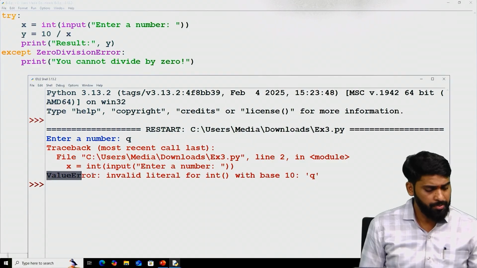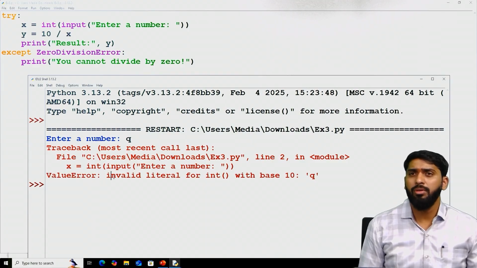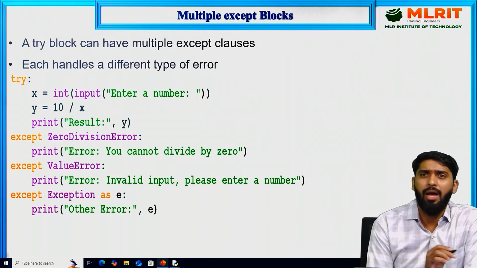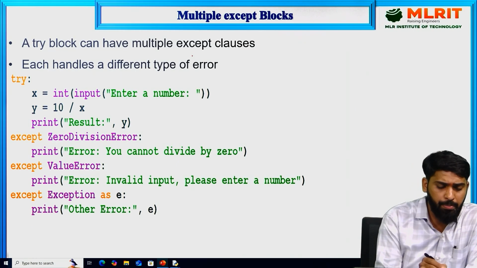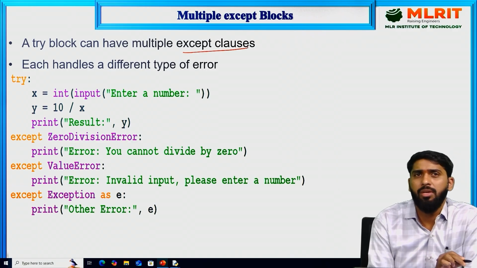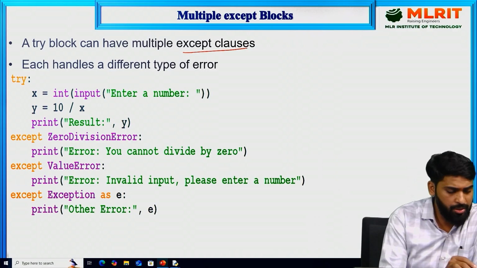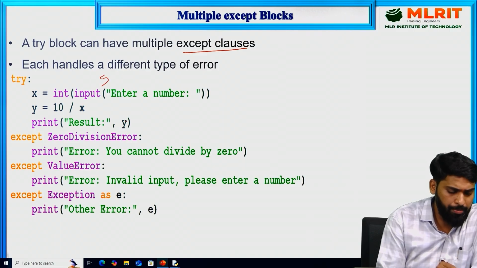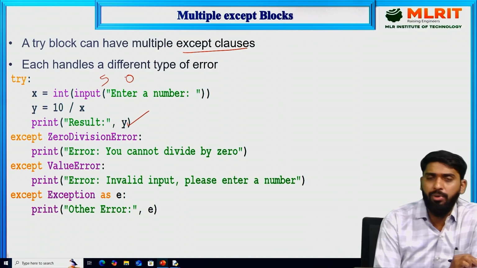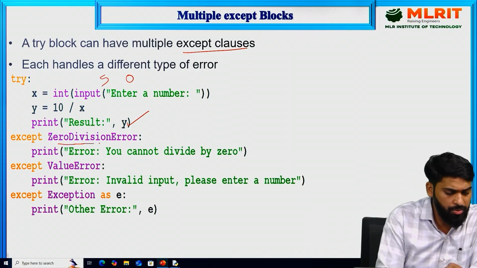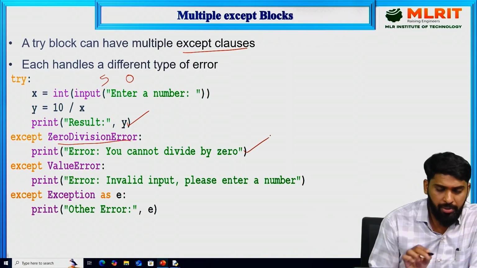Now we see how to handle multiple errors in Python, using multiple except blocks. A try block can have multiple except clauses. In our example, if I enter the x value 5, it prints the result. If I enter 0 as input, it is a ZeroDivisionError.